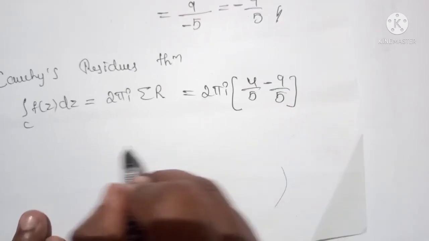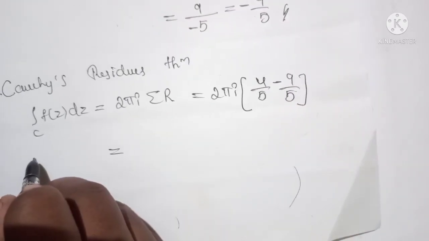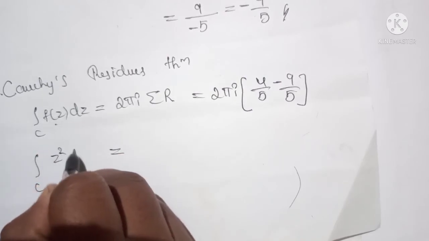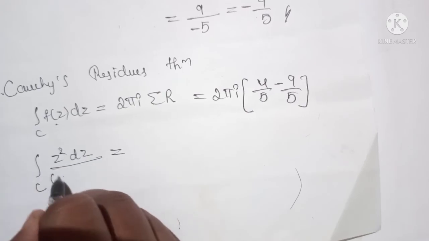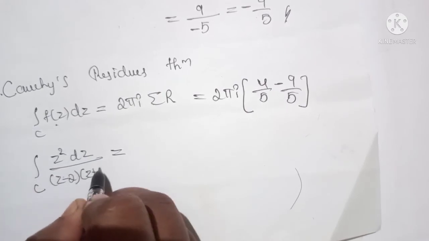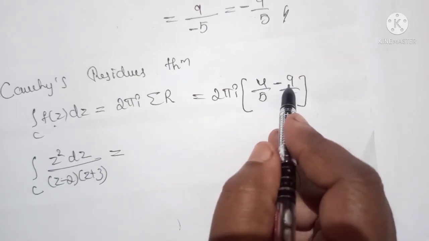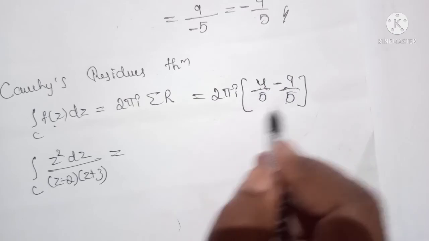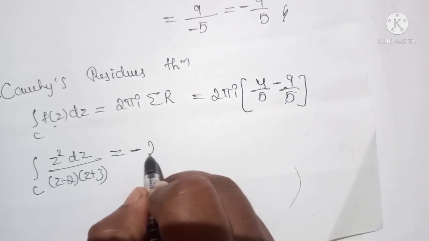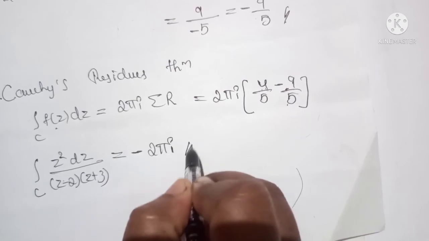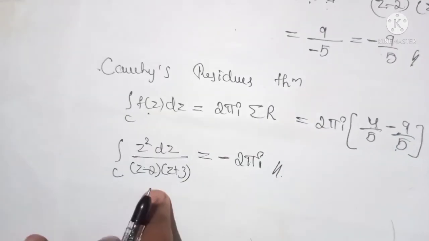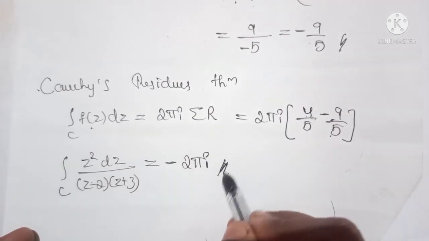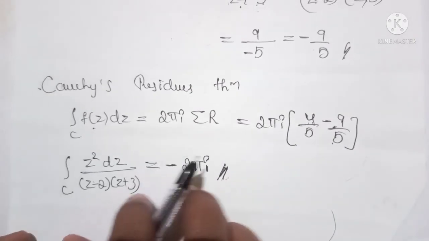Simplifying, we get minus 5 by 5, which equals minus 1, so thus it is minus 2 pi i. Okay, so this is the required integral value. Like this, by using Cauchy's residue theorem we can easily evaluate integrals.